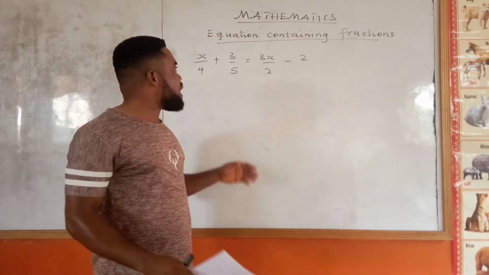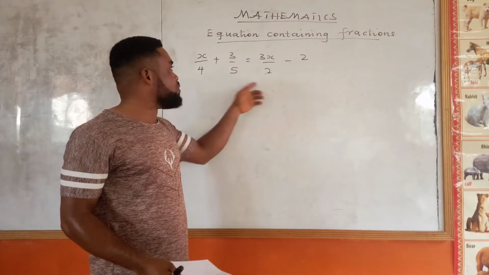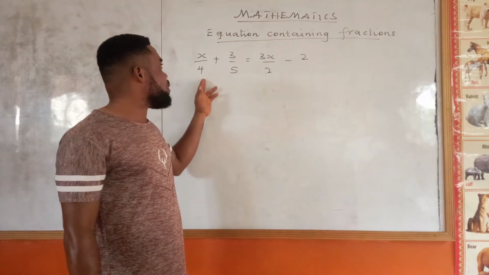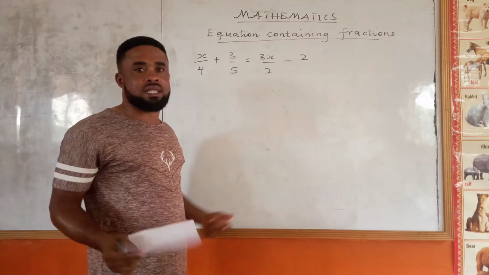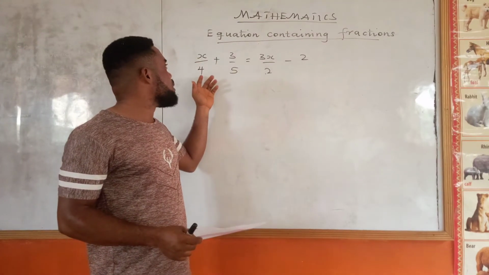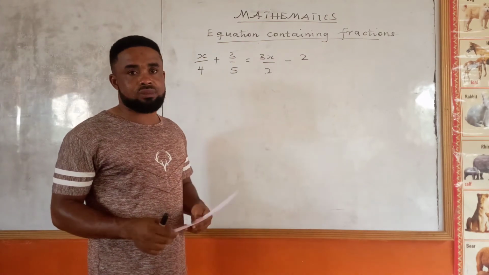After that, you identify what is called the LCM of the denominators. So we have 4, 5, and then 2. So what is the LCM? The LCM for 4, 5, and 2.